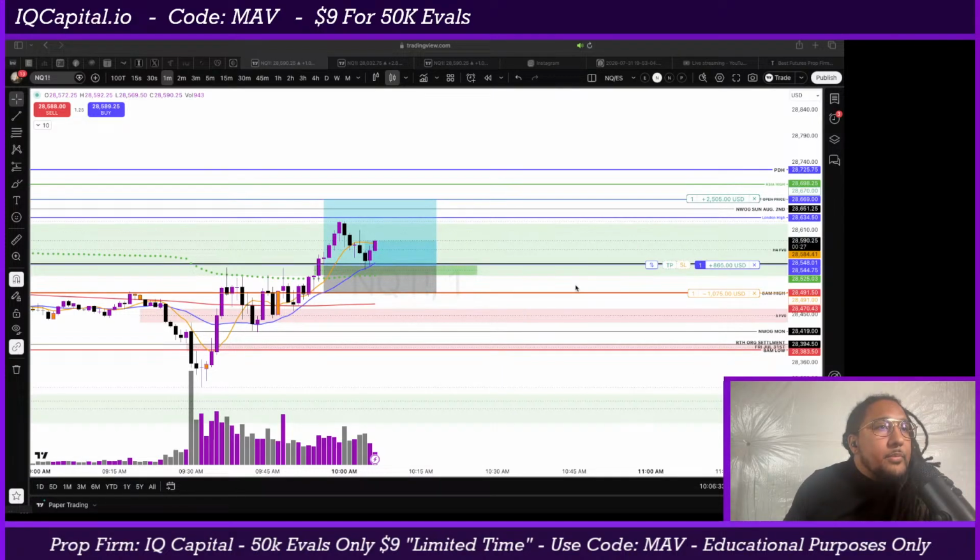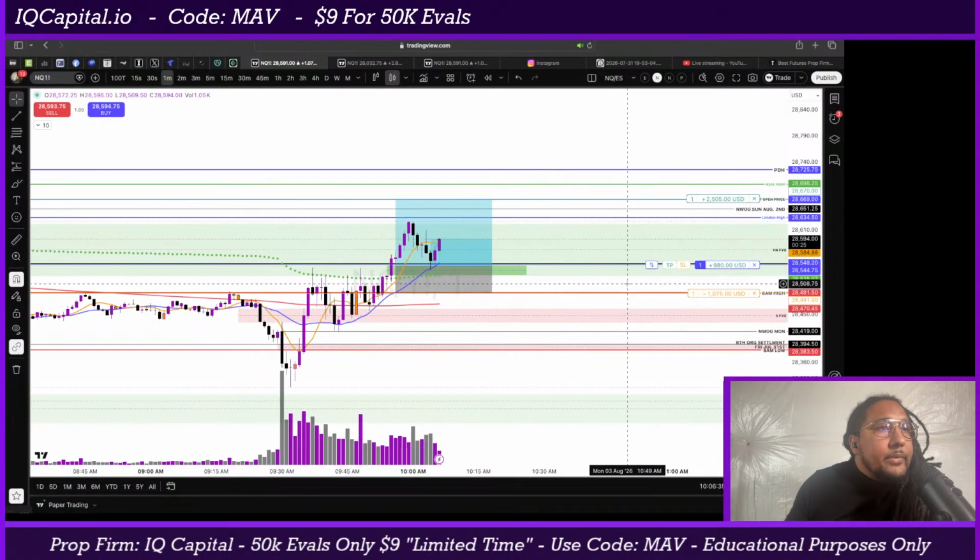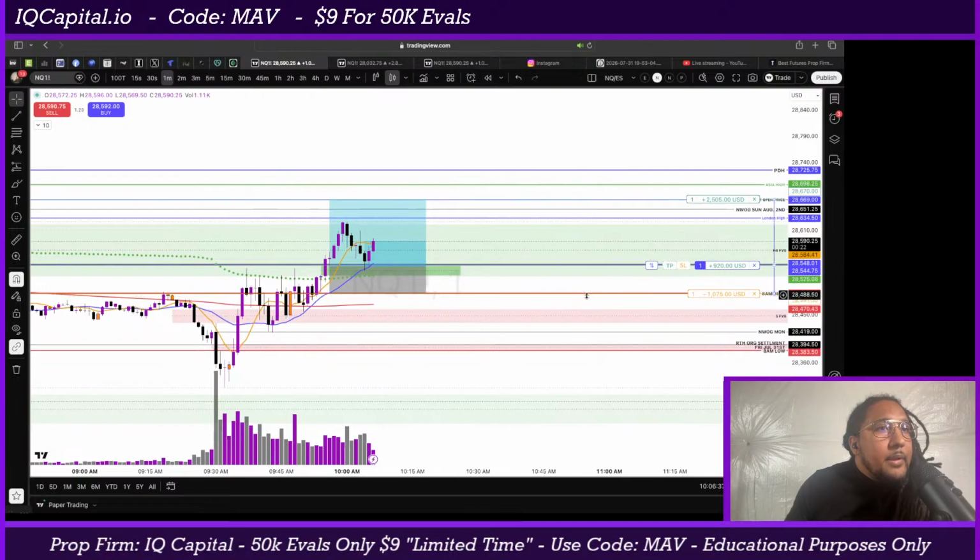We are showing some good movement to the upside. So this is our play here on TradingView, and I'll pull up my TradeAvate account in a second here.